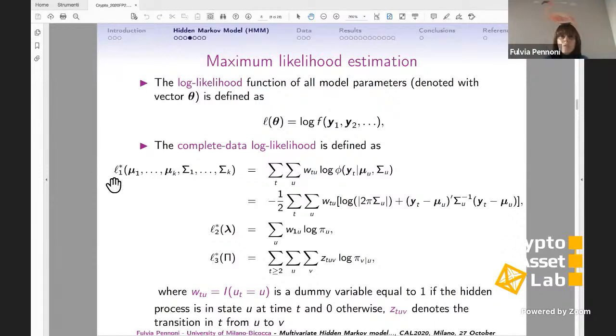The first one is L1 star, and it is related to the measurement model. L2 star and L3 star are related to the structural model. In this formulation, we use dummy variables such as W_tu, which is equal to 1 if the hidden process is in state u at time t and 0 otherwise, as well as Z, a dummy variable for the transition.